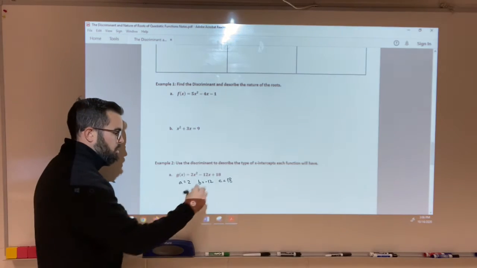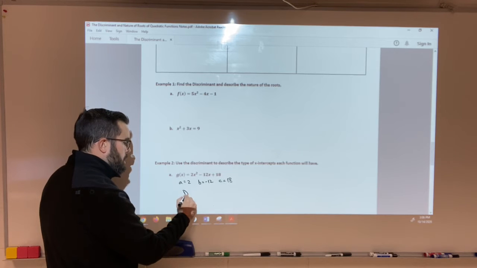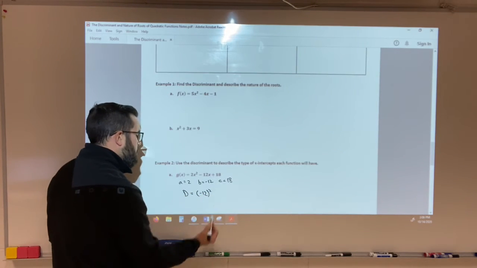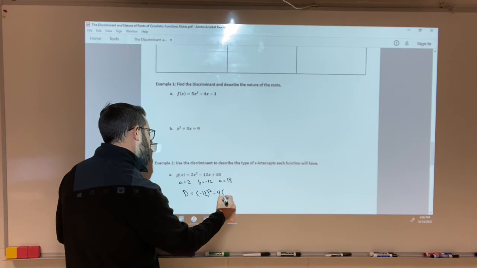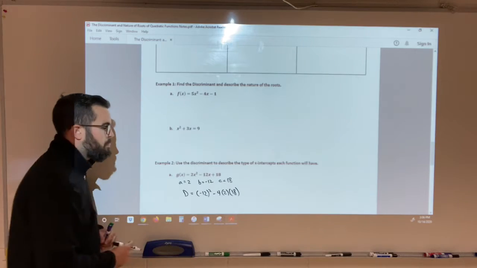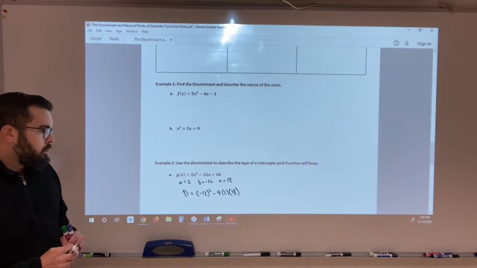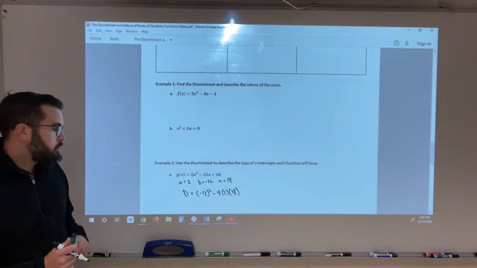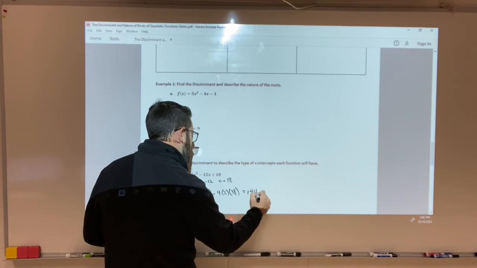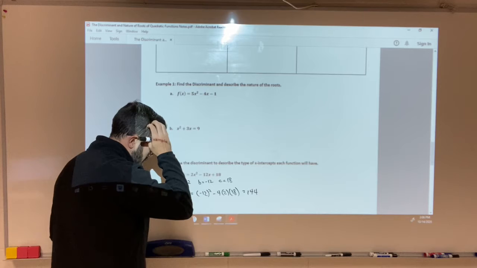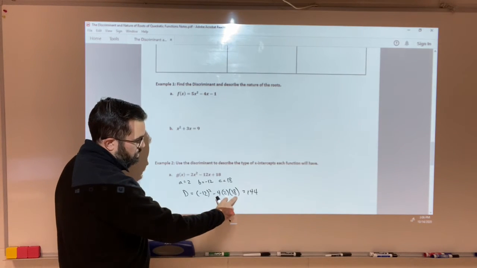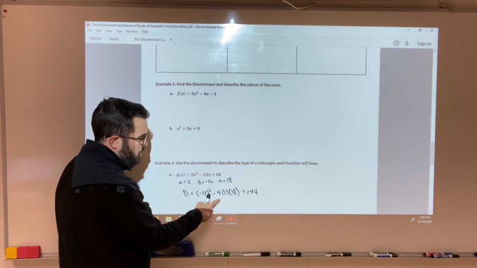Okay, and I need to figure out what the x-intercepts of this function are going to be. So, taking the discriminant is negative 12 squared minus 4 times a times c. All right, so doing the math here, I got 144. And I have 2 times 18 is 36 times 4.